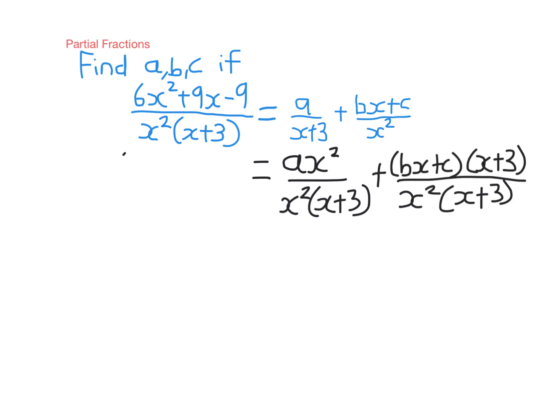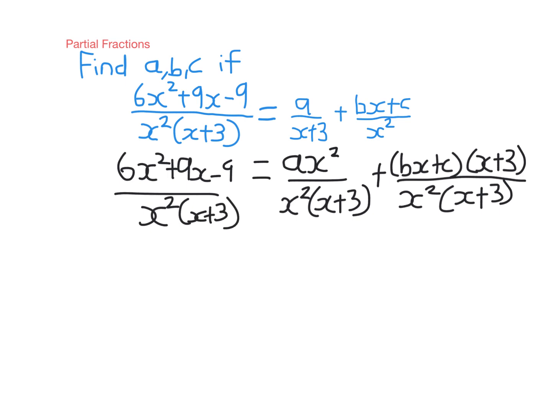And of course we want this to equal our original fraction, (6x squared plus 9x minus 9) over x squared times (x plus 3). Now if these two are equal, because their denominators are equal, so too the numerators must be equal. So this numerator here must be equal to this plus this.